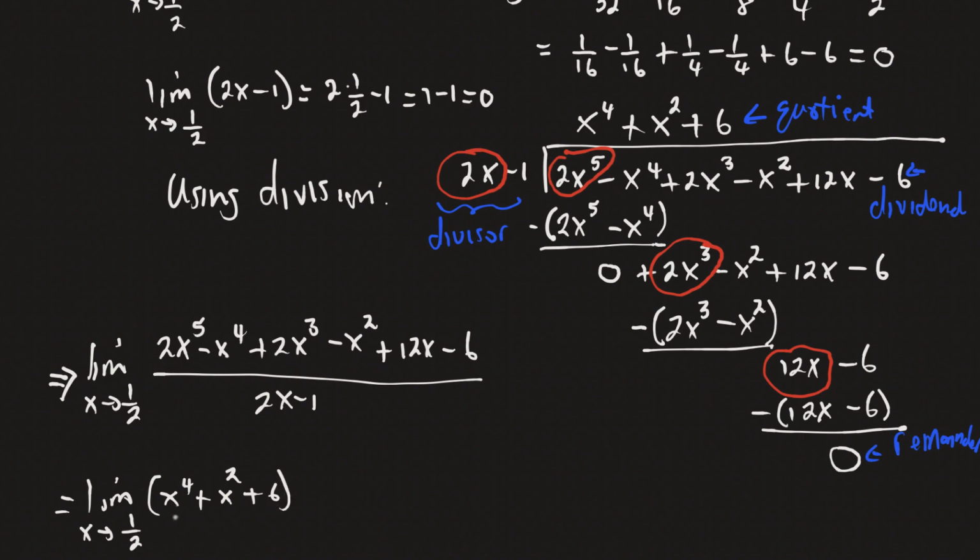And now we use our approach. This is an elementary function. I can evaluate it simply by plugging in. So I'll have 1 over 32 plus 1/4 plus 6. And then when you do your arithmetic, we're going to get a final answer of 101 over 16, right?